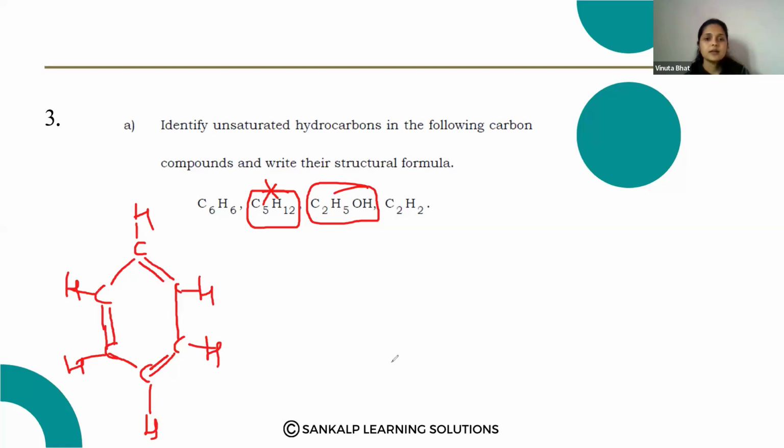So this is the benzene. And C2H2 has 2 carbons and 2 hydrogens with a triple bond. So this is the structural formula of C2H2.